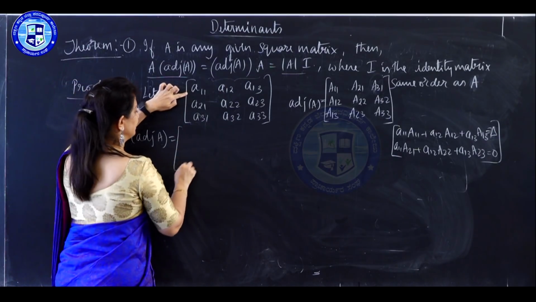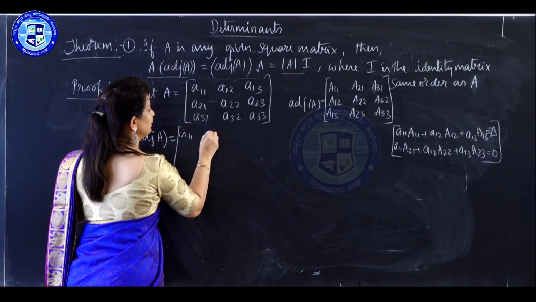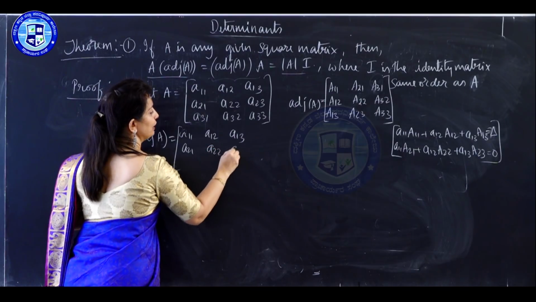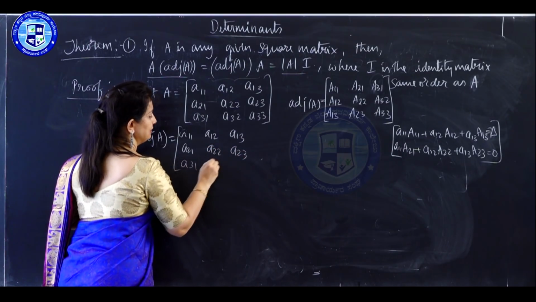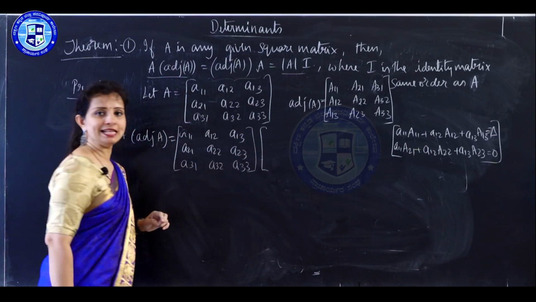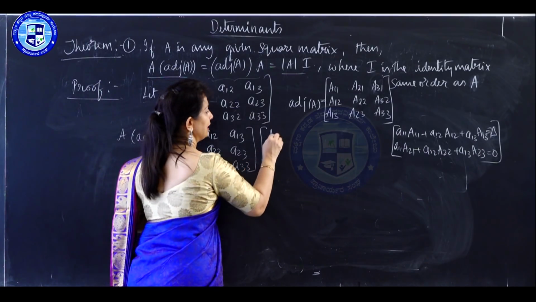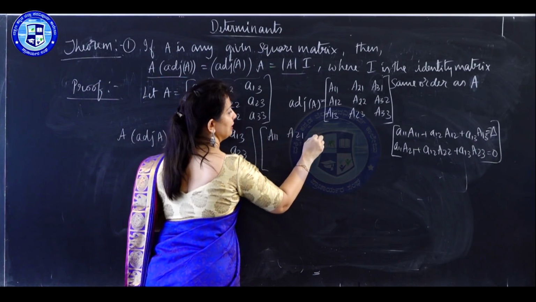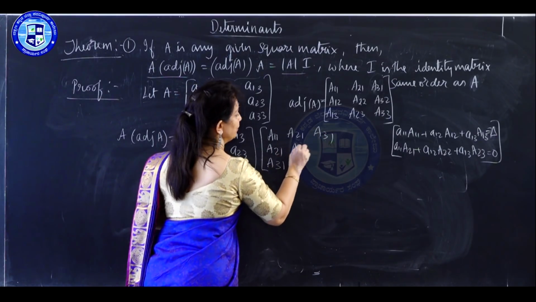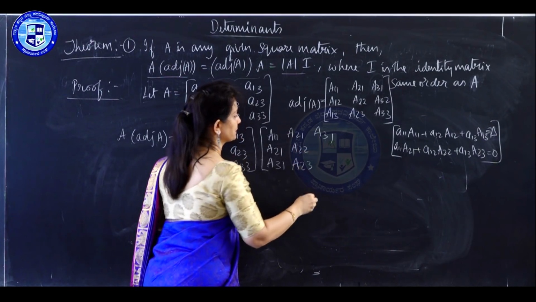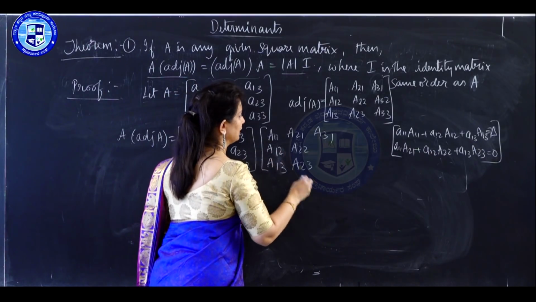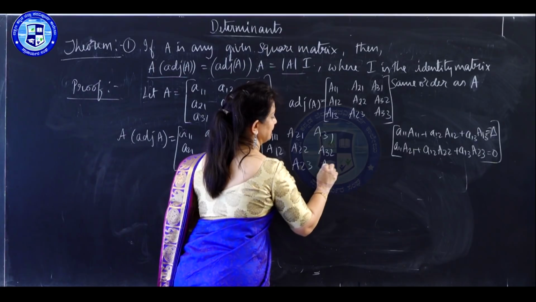A is here: A11, A12, A13, A21, A22, A23, A31, A32, A33. This is A. Now multiply by adjoint A. Adjoint A is written here: A11, A21, A31, A12, A22, A32, A13, A23, A33.